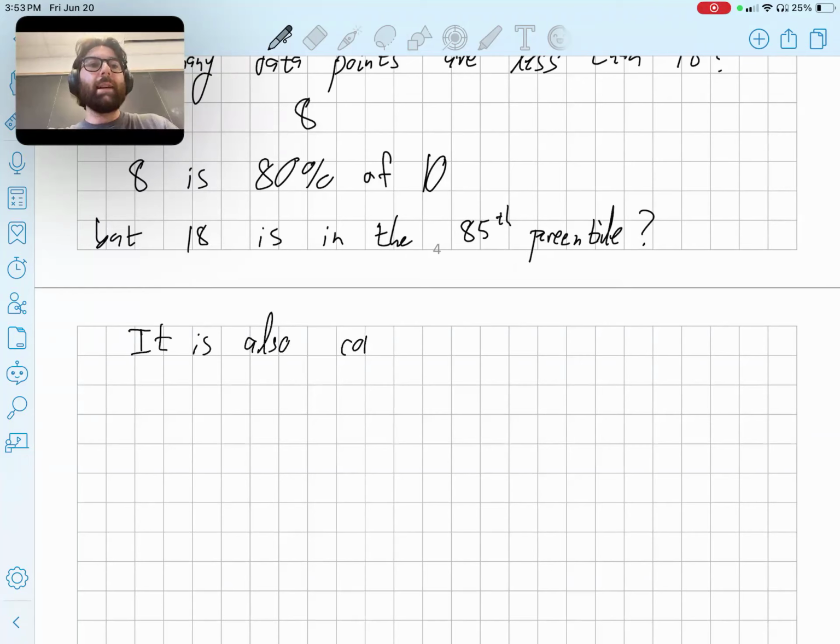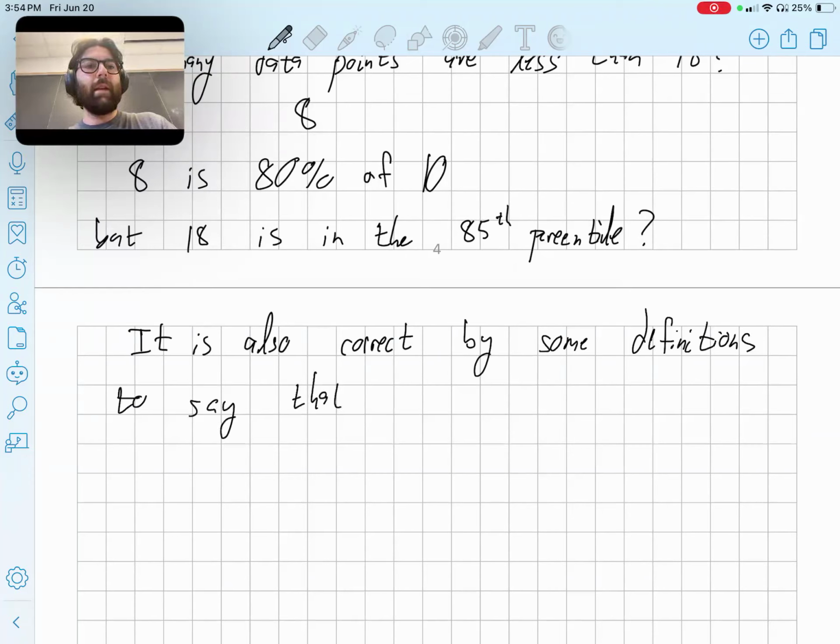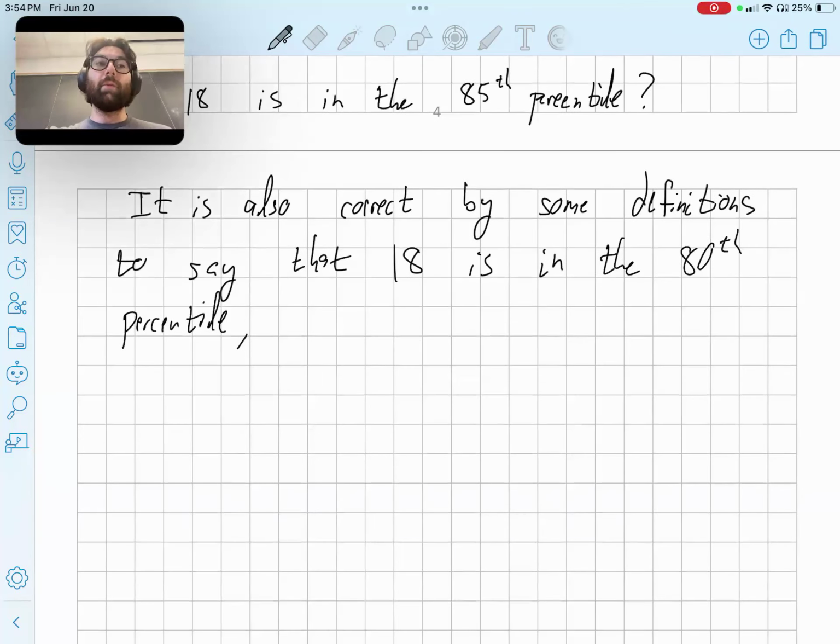So it's also correct, by some definitions, to say that 18 is in the 80th percentile. So there are 2 different definitions of percentiles, and this is something you should be careful about.